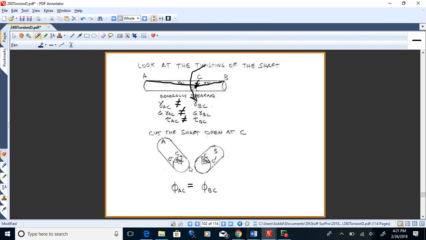But we can use this angular stuff because we know the angle, we have an equation for that, right? It's TL over IG. So we can go ahead and use this relationship as a second relationship to solve indeterminate torsion problems.